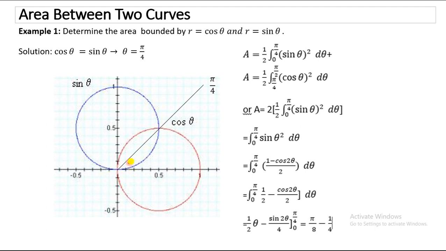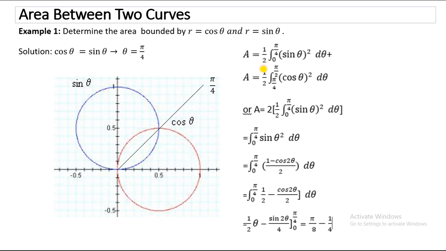The first area starts from theta equals 0 until theta equals pi over 4, for this graph, sine theta. And this area starts from theta equals pi over 4 until theta equals pi over 2, for this graph, cosine theta.